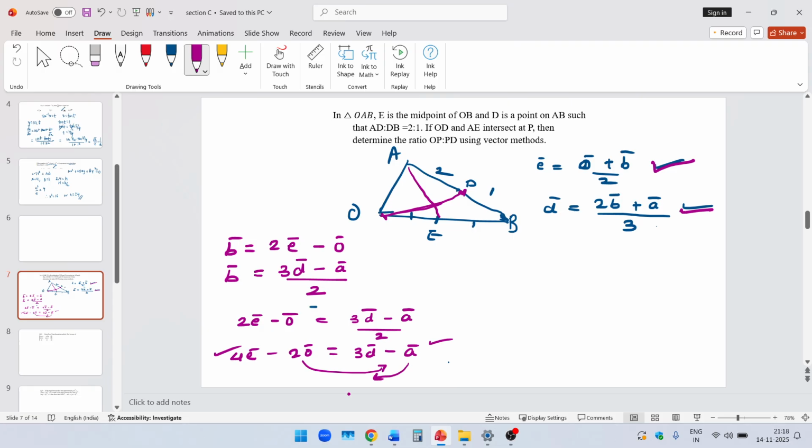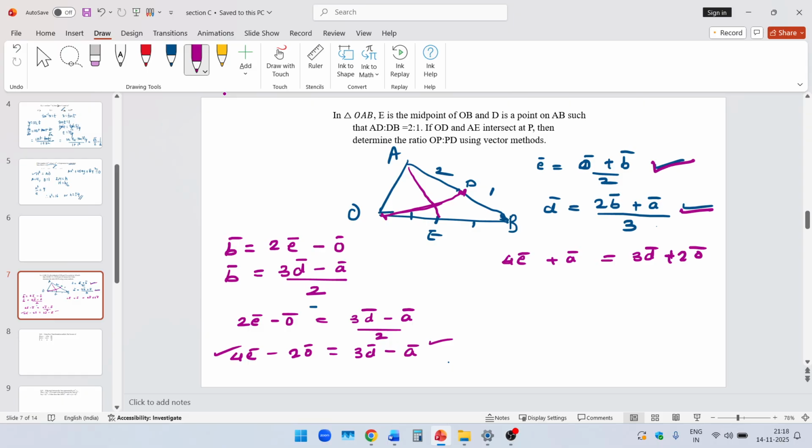So this formula gets modified to 4E bar plus A bar on one side, and on the other side there will be 3D bar plus 2 O bar.